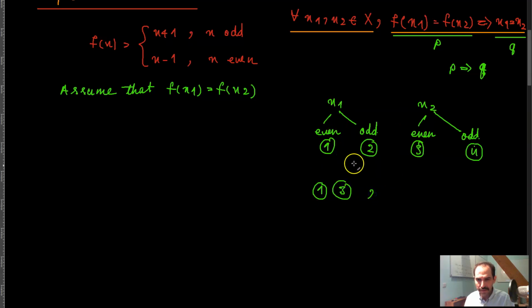Or x1 is even, which is 1, and x2 is odd, which is 4. Or x1 is odd, which is 2, and x2 is even, which is 3. Or x1 is odd, and x2 is odd as well, 2 and 4. So let's consider all of these cases.